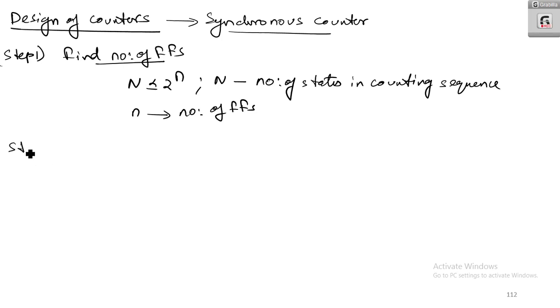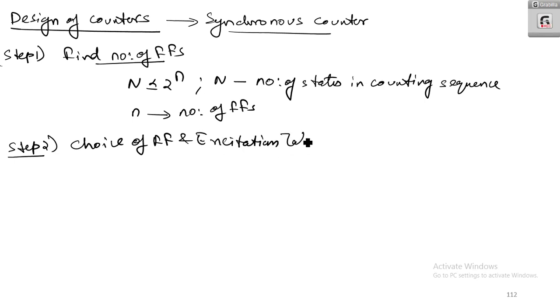Coming to step 2, choice of flip-flops and excitation table. You can have 4 types of flip-flops: SR flip-flop, JK flip-flop, T flip-flop and D flip-flop.